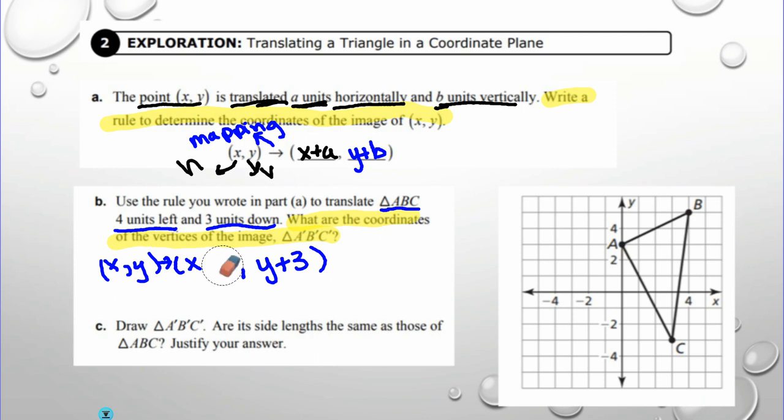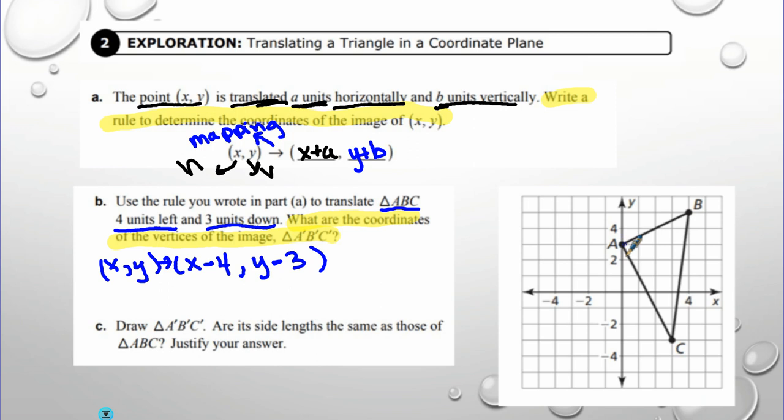If I'm going to the left and going down, these are very common mistakes. This is why I do these things live for you, so you can see common mistakes. You have to read carefully. So left means minus 4, and then Y is going down, so that's minus 3. Please be careful. See, I made the mistake too. If you don't read carefully, you will make mistakes.